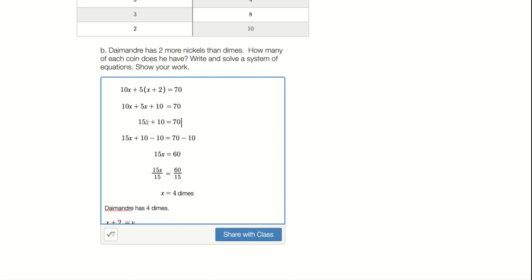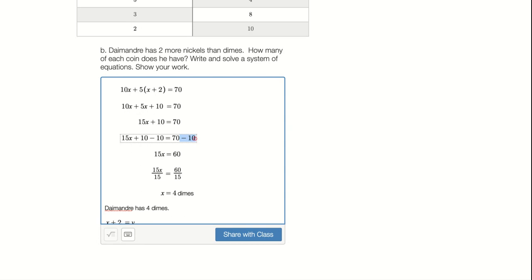In order to solve for x, I need to get the x term by itself. So I need to get rid of this plus 10. The inverse of adding 10 is subtracting 10. So I'm going to subtract 10 from both sides of the equation.